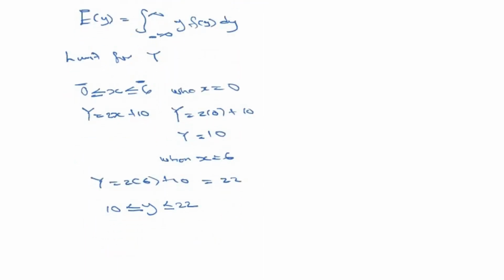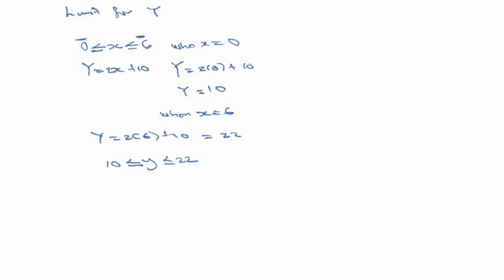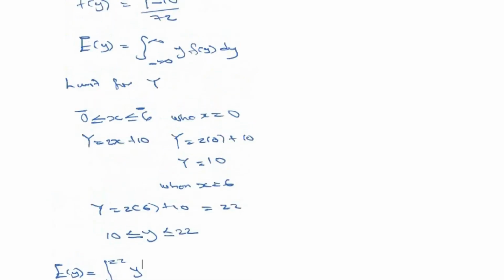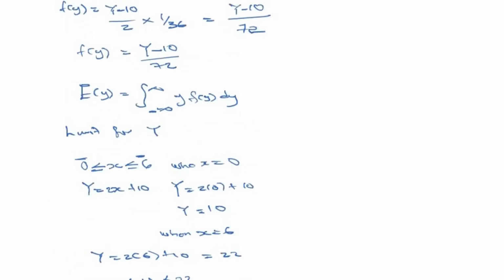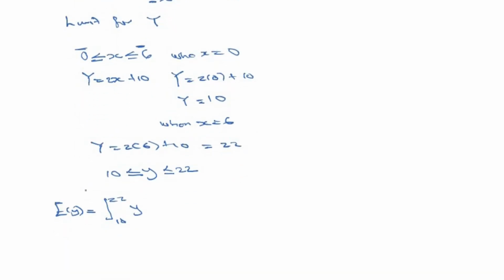What is left for us now is to integrate. So we have E, the expected value of y, as the integral from 10 to 22 of y times f of y. We've gotten our f of y, which is y minus 10 over 72. So that is y times (y minus 10 over 72) dy.